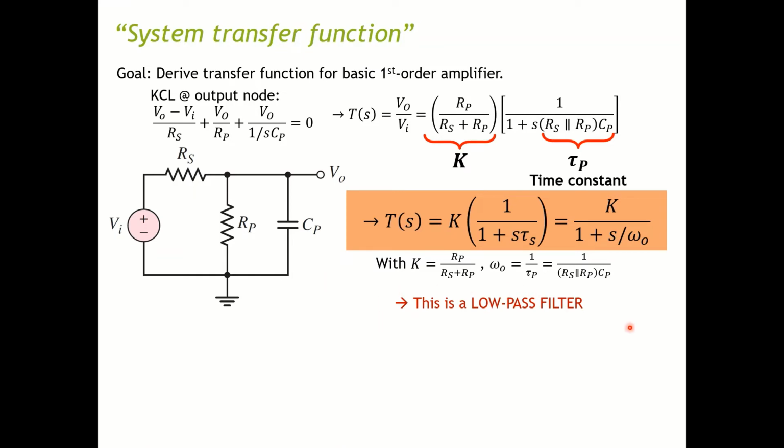And this one is a low pass filter. Why? When you have s go to 0, this term gets cancelled out. The whole transfer function becomes K alone. So at a lower frequency, the gain is K.